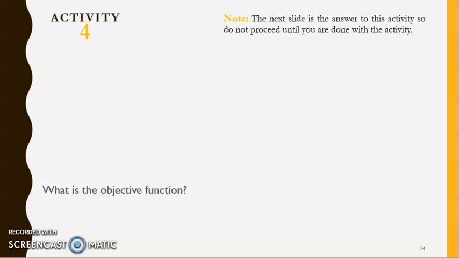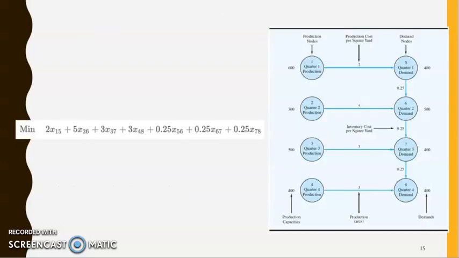Okay, let's check the objective function now. Since we have 7 decision variables, our objective function is composed of exactly 7 terms: 2x15, 5x26, and like that.